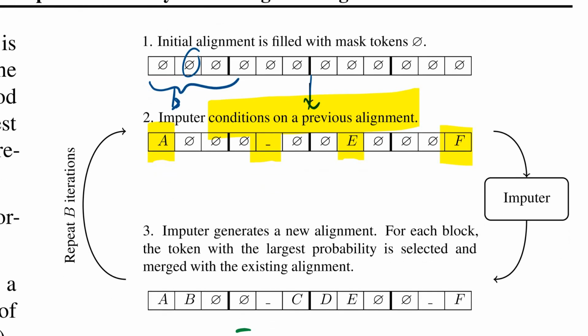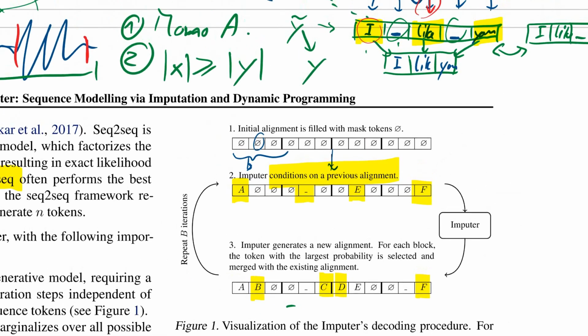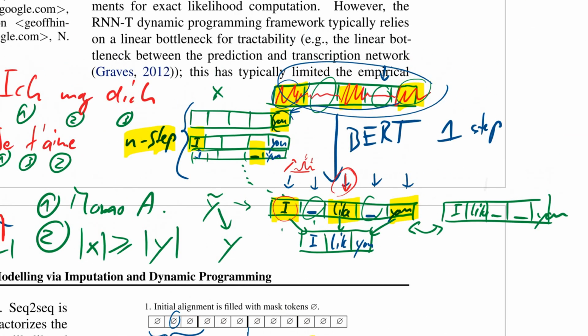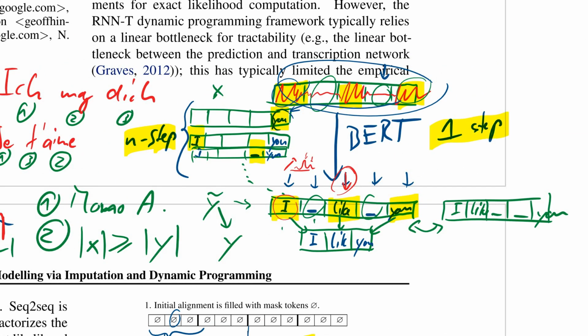And then it does this for as long as there are still empty tokens. You can see here the first block, and then in the second step, it will decode this, this, this, and this. So the Imputer can trade off between the conditional independence assumption of the one-step BERT and the full conditional dependence assumption of the n-step decoding.